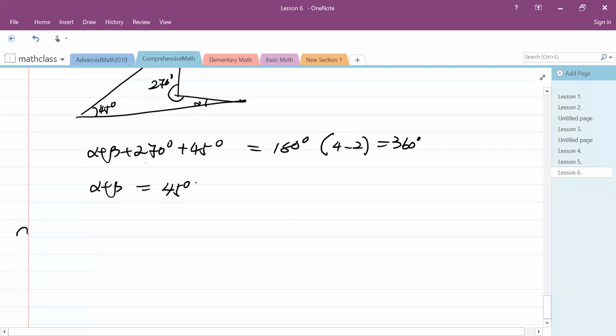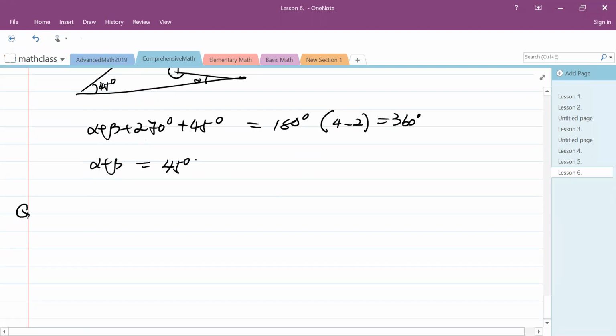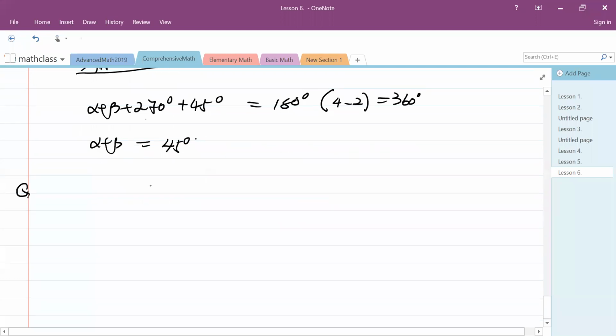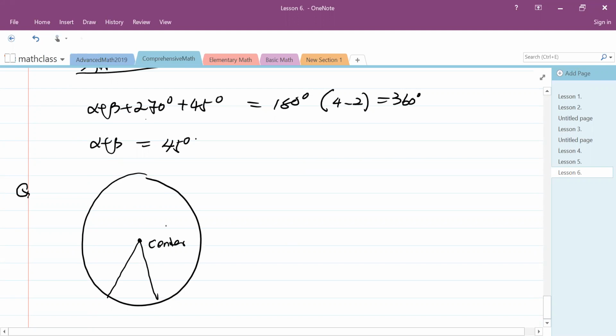All right, so my next question is a little bit strange. I have a circle because it requires more information. This is a center. I draw the points here. It's not necessarily exact.